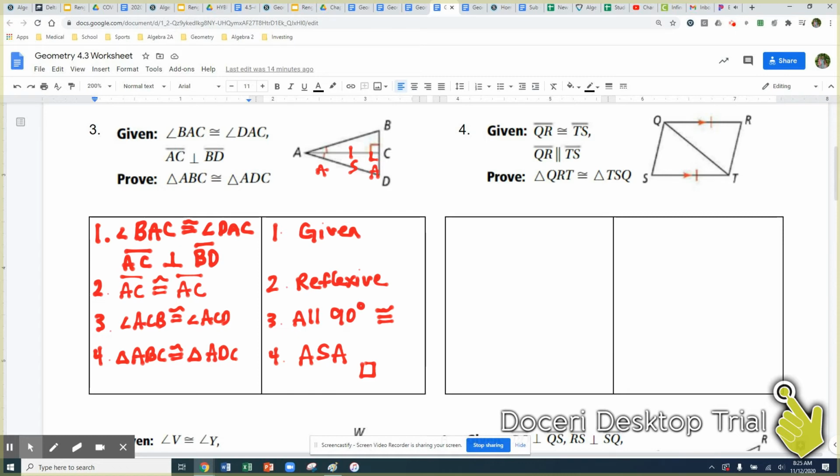Second, this statement is proven by reflexive. This is proven by all 90s equal. No writing. That's because the symbols and things take too long for you guys to type, so just drag and drop, complete the proof. You'll get a word bank of all your reasons, and you've got to drop in the correct reasons. Does that make sense?